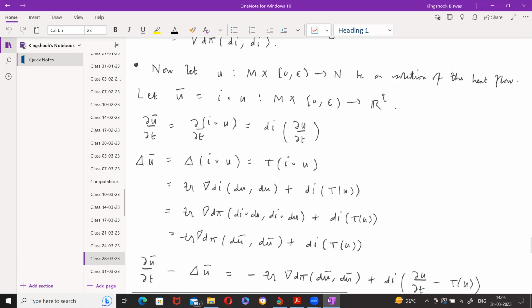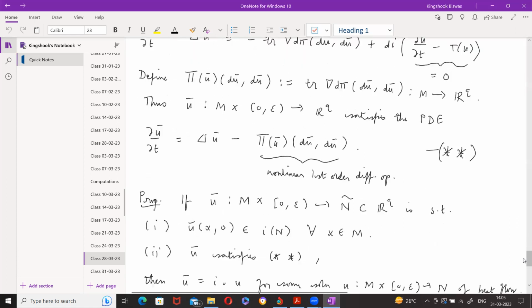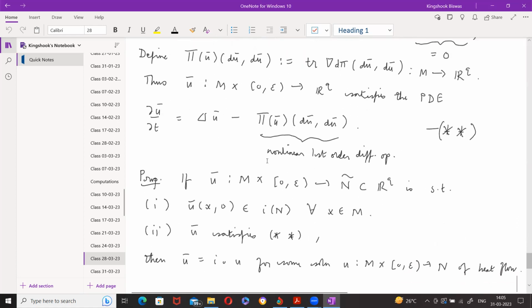into R^Q. And then we saw that this map U bar, taking values in Euclidean space, satisfies what's called a nonlinear parabolic PDE.